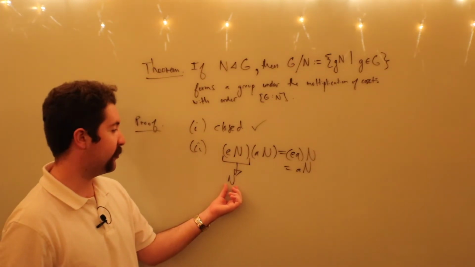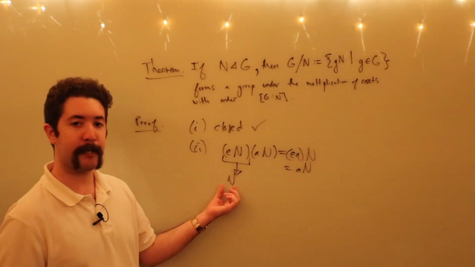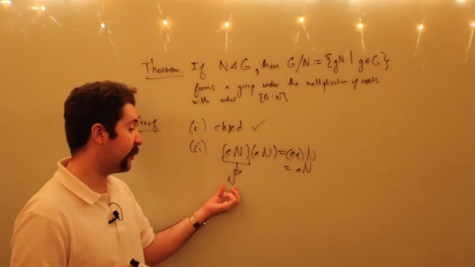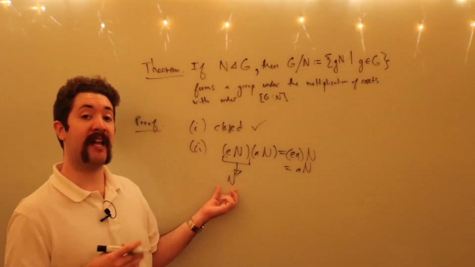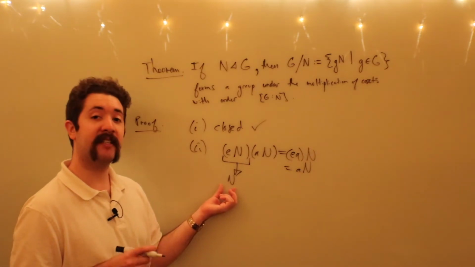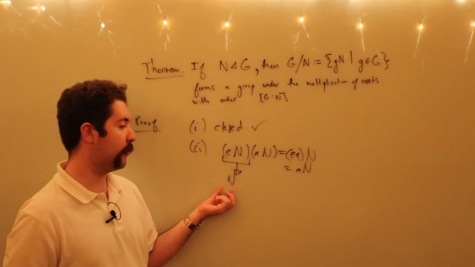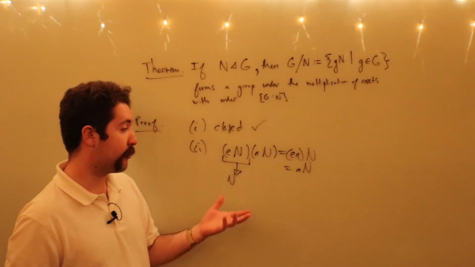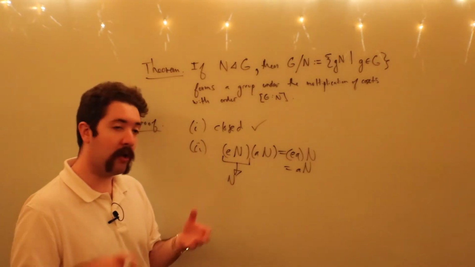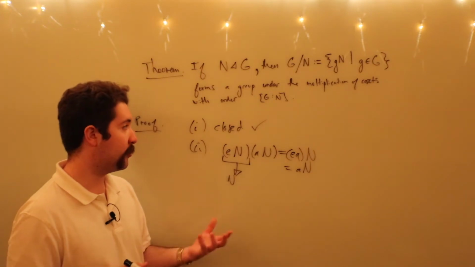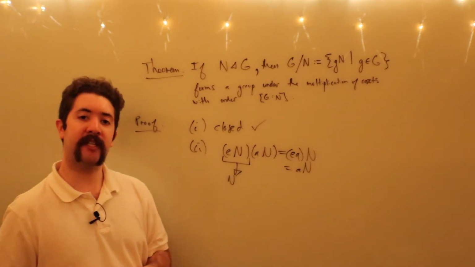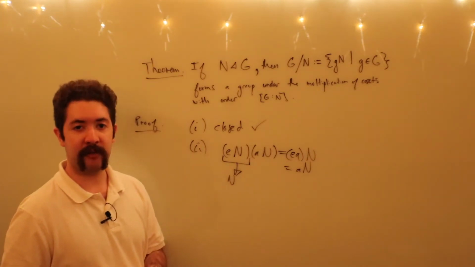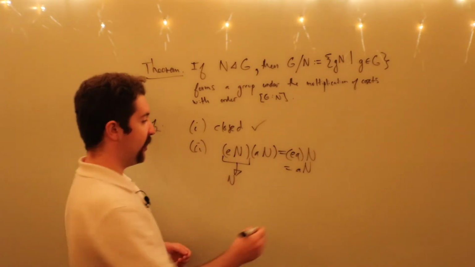This coset is just the identity coset, if you like. Or equivalently, it is exactly that congruence class under congruence mod N which contains the identity element. That's an important view here. This is going to be our identity element in this new group, which consists of the set of all left cosets under multiplication of cosets. Equivalently, you could use right cosets, but just by convention, let's use left cosets here. So we have an identity.